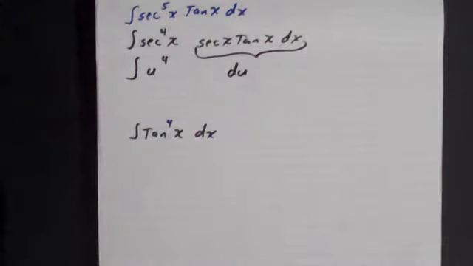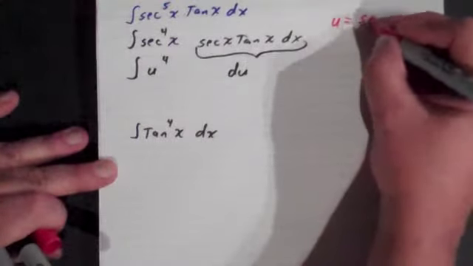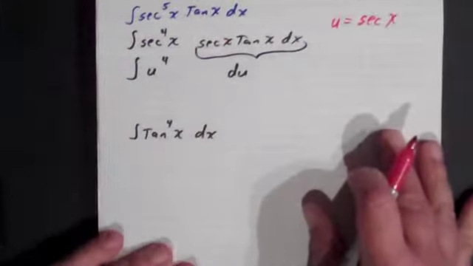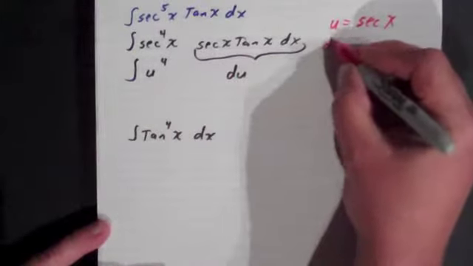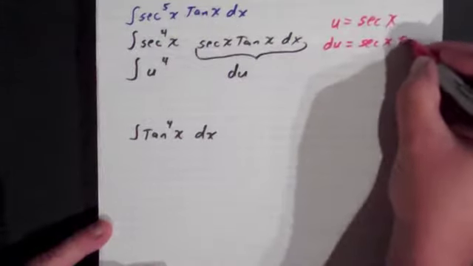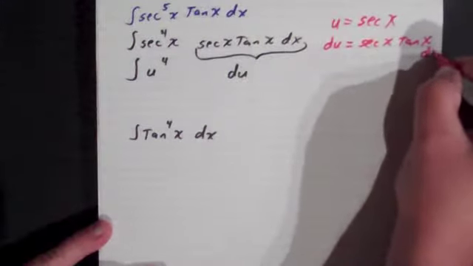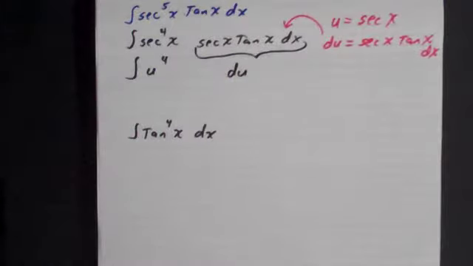du. This time I'm letting u equal secant, and the u is secant because it's secant to the fourth. The derivative of the left is du, and the derivative of secant is secant tangent of the same angle times the derivative of the angle, which again I believe we have.